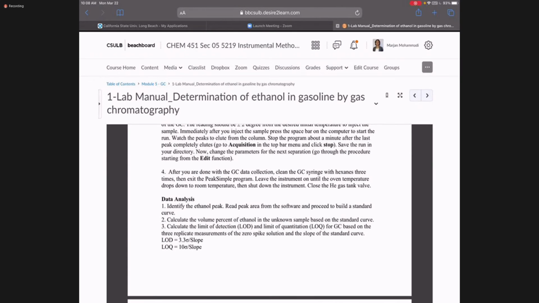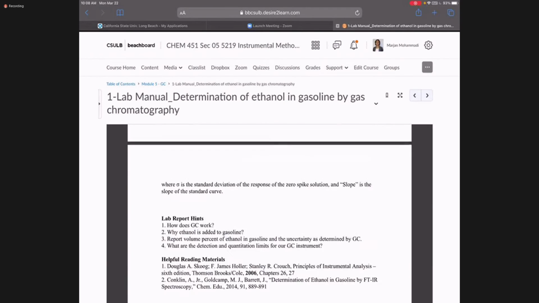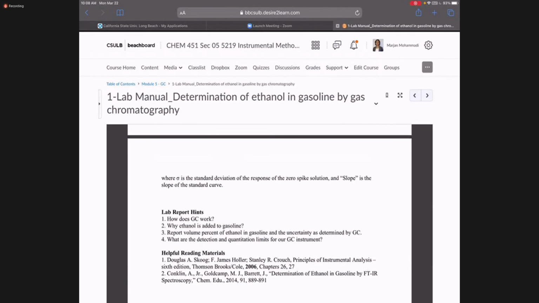For calculation, when we go to the peak, I'm going to switch. Actually, look here, guys, at what you need to have in your report. So how does GC work? Of course, this is going to go into the introduction, and why ethanol is added to gasoline. All these questions can be answered easily in your introduction. Then report volume percent of ethanol. Make sure you are reporting in percentage.